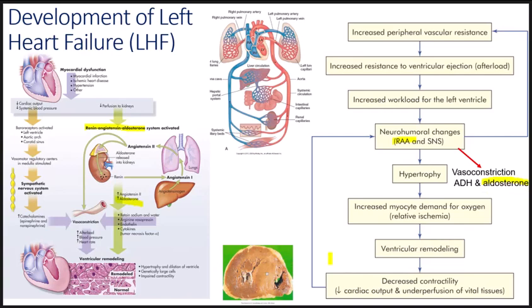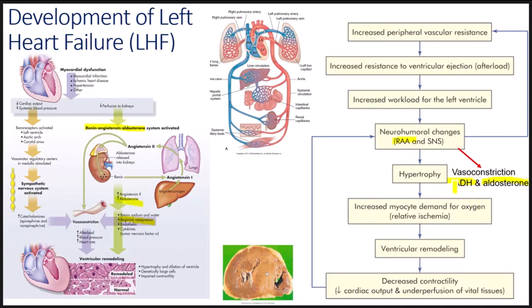So adding more water to our blood vessels will increase our blood volume and blood pressure. And then we'll see arginine vasopressin, also known as ADH, released, which will stimulate the kidneys to retain more water. And again, more water, more volume in our blood vessels, increase pressure.